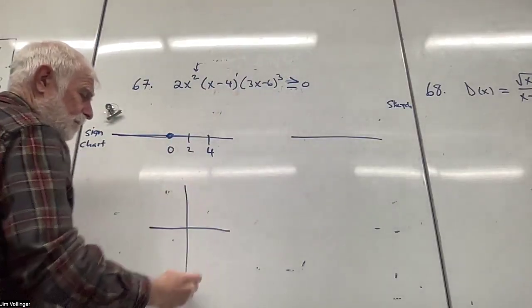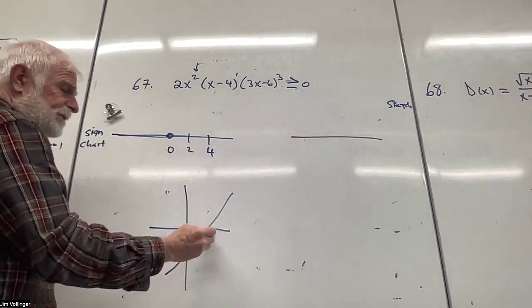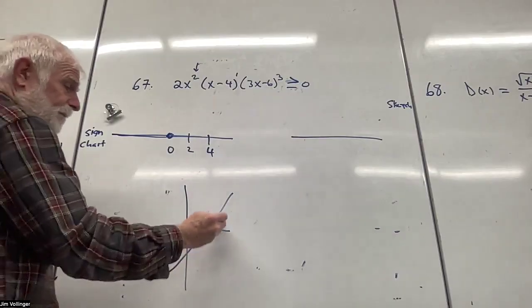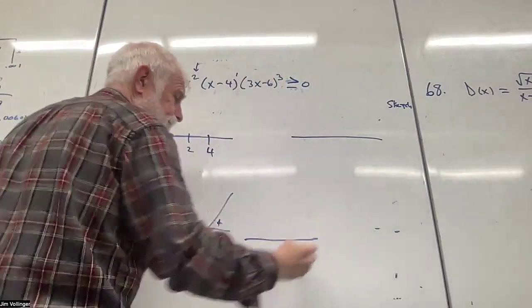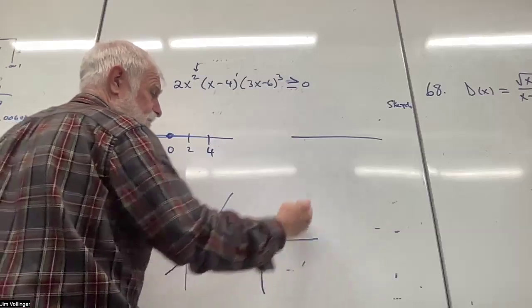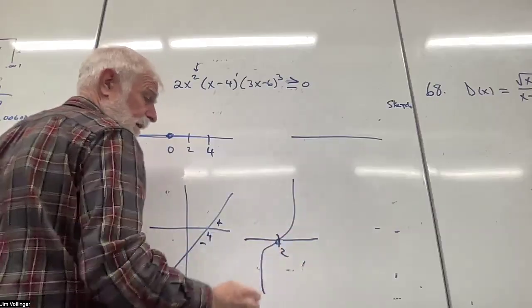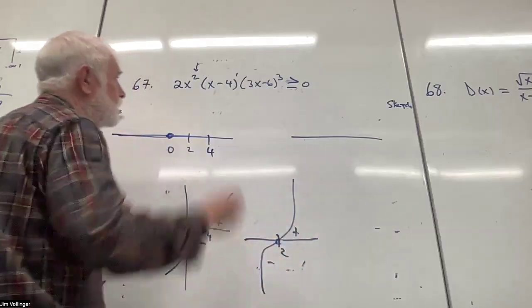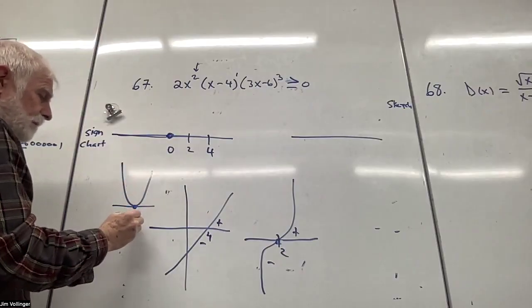x minus 4. The graph of x minus 4 looks like that. I get a sign change at 4 from negative to positive. 3x minus 6 cubed. Not quite sure what that looks like, but I know one thing. Cuts through at 2. Again, sign change. 2x squared. I know what that looks like at 0.